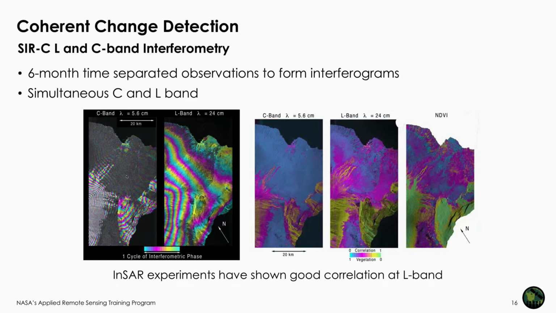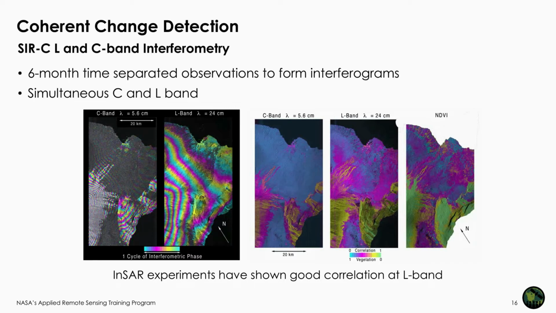And we can see here on the left that the C-band radar has a very low coherence or high noise level in the areas of, this is part of the Big Island of Hawaii. There's these dark areas here where the C-band radar is bouncing off the trees. These are the heavily forested areas of the Big Island. And these bright areas with good coherence are the areas where it's bare lava due to fairly recent lava flows.